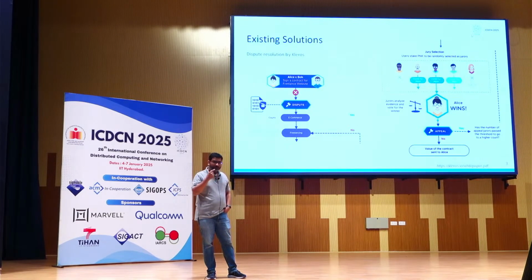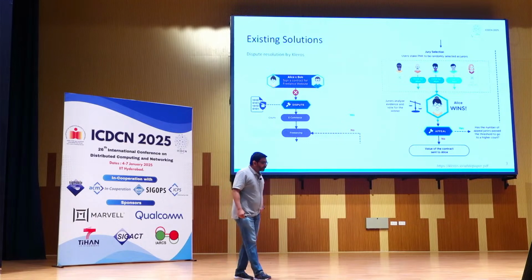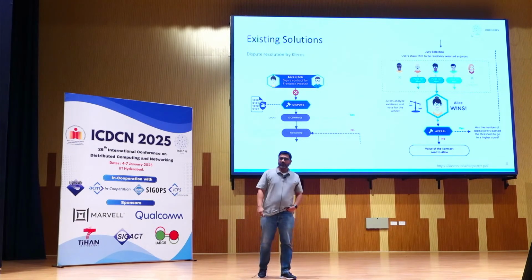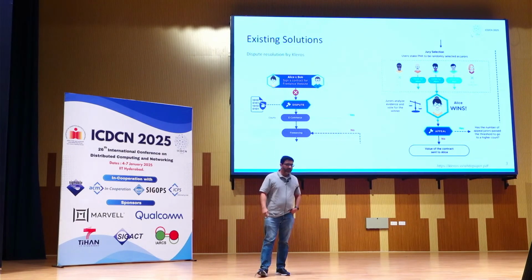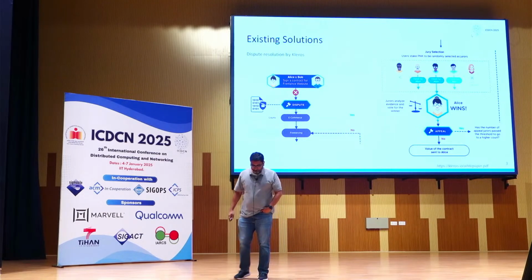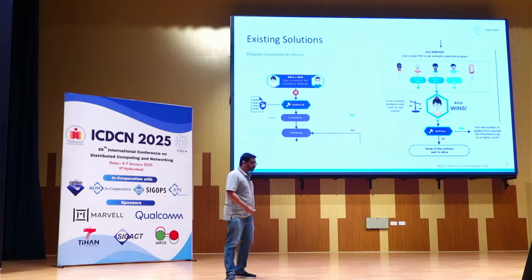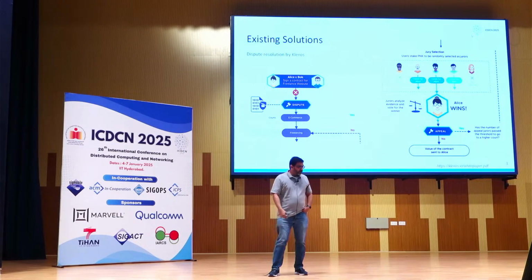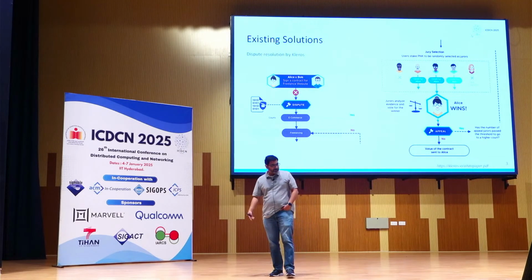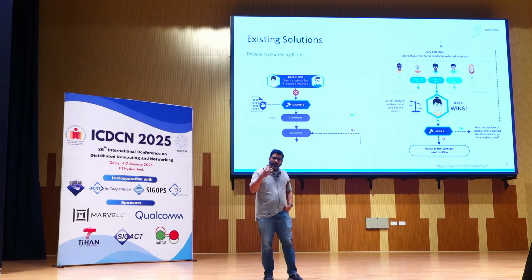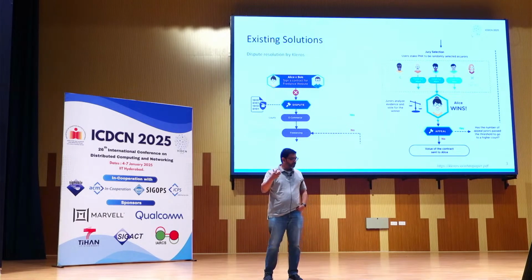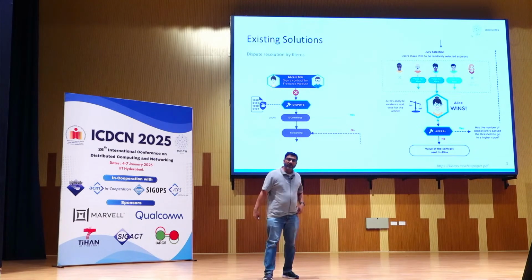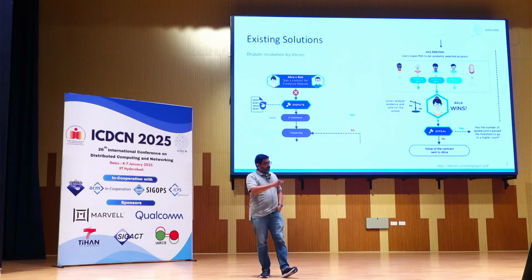And there are some solutions out there. There's one particular solution framework by Kleros. In this case, they basically mimic the judicial system. So there is a pool of potential jurors. Every time there's a dispute, you identify a set of jury members.